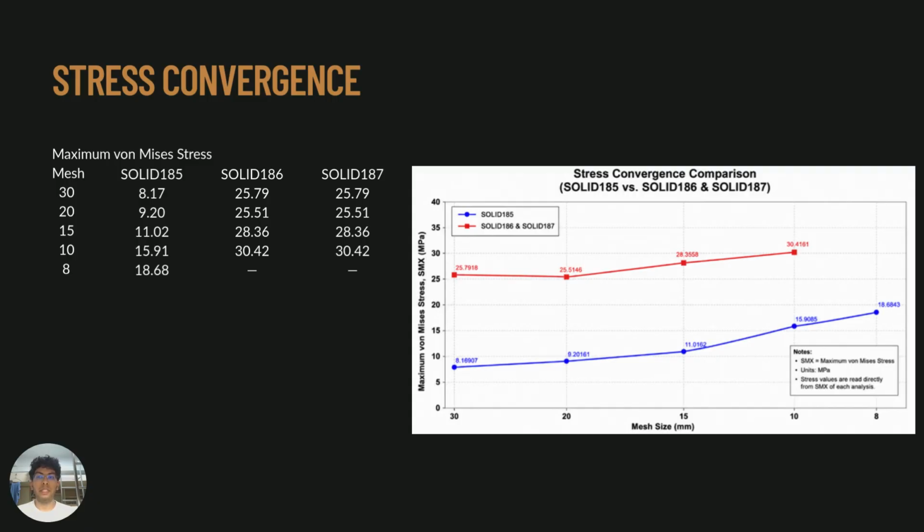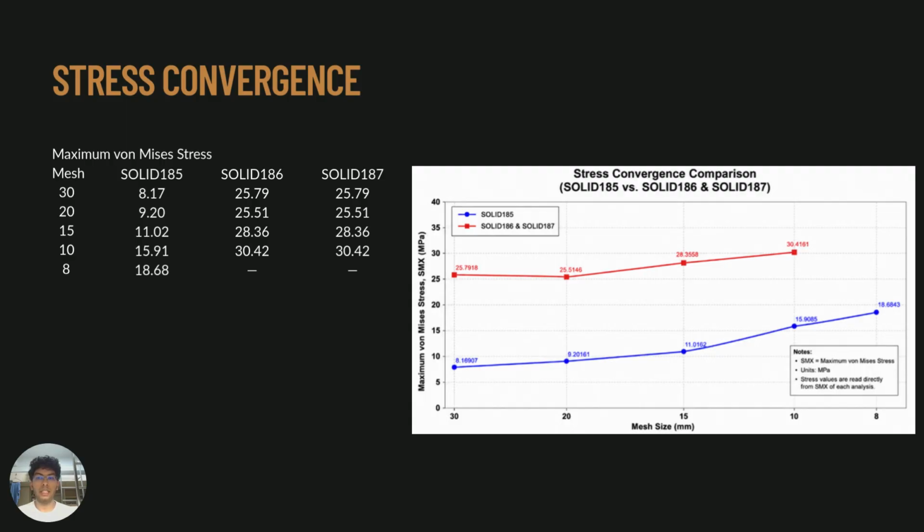This slide presents the stress convergence results. Unlike displacement, stress values remain sensitive to mesh refinement. For SOLID185, the maximum von Mises stress increased significantly from approximately 8 megapascal to nearly 19 megapascal as the mesh became finer.